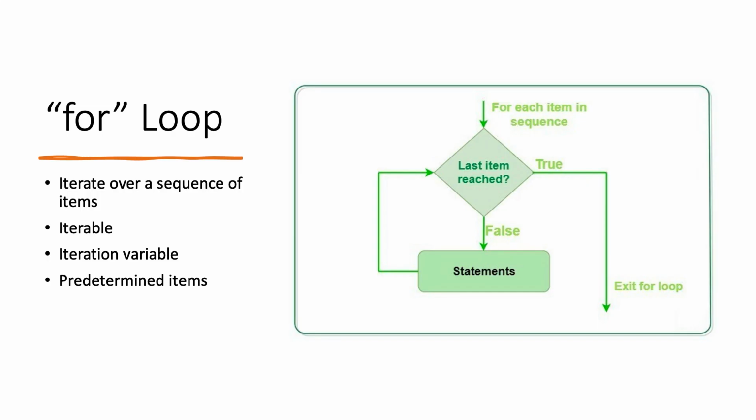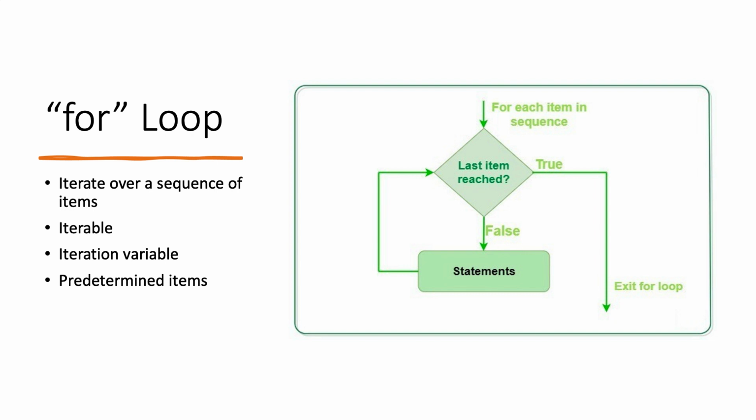Okay, so in Python, a for loop is used to iterate over a sequence of items such as a Python tuple, list, string, or a range, which we'll talk about today. The loop's job is to execute a block of statements for each item in the sequence. So let's get a couple of terms out of the way first. A sequence of items that you can iterate through is called an iterable, or an iterable object.